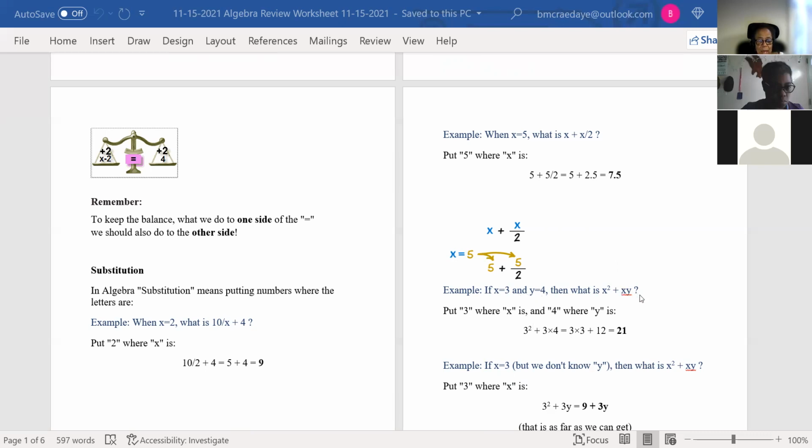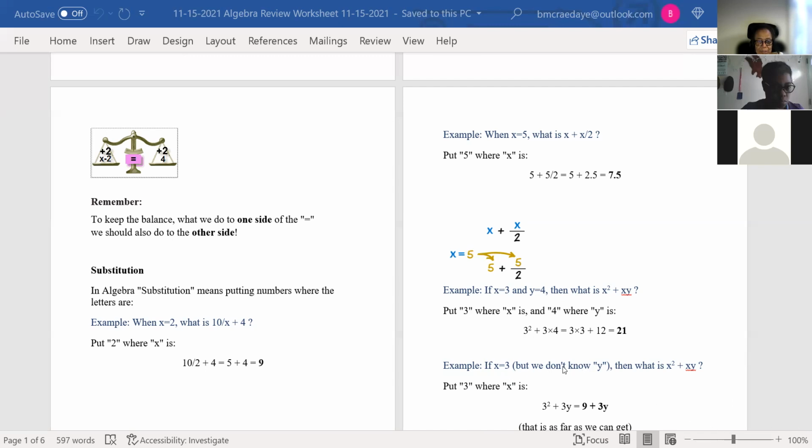X times y becomes 3 times 4, because x is 3 and y is 4. So what is 3 squared? 9. 9. 3 times 4 is 12. 12. And 12 and 9 is 21. 21. Okay. All right.